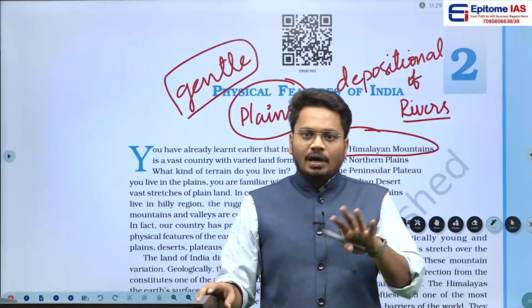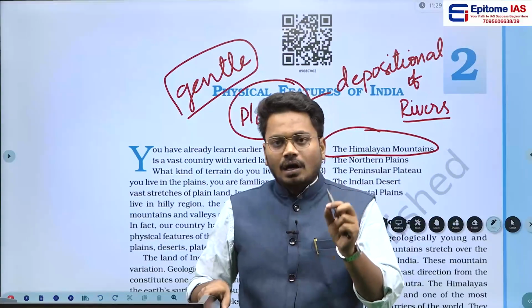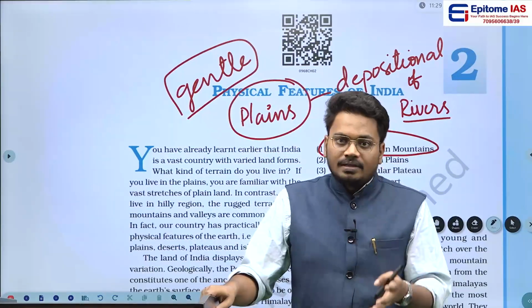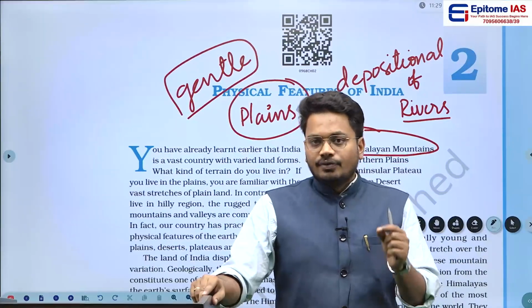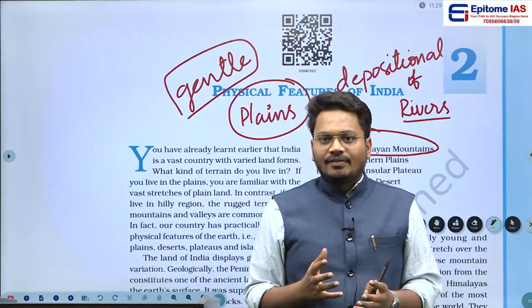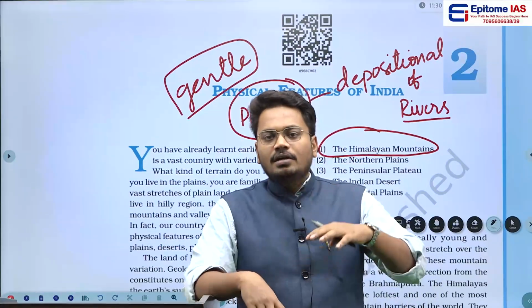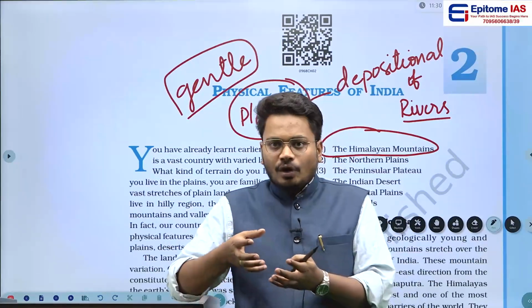Because of that, we have seen in previous classes that alluvial fans are formed near the foothills of the Himalayas. Not only the Himalayas, if you take any mountain where rivers originate, at the foothills of those mountains or hills we will see the formation of alluvial fans.